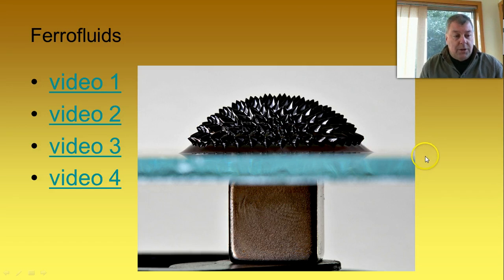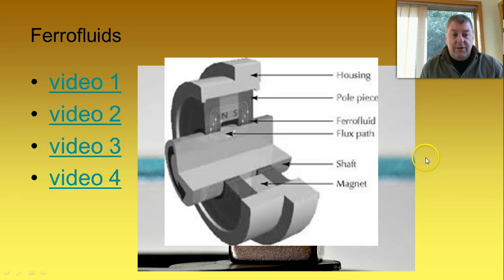And you might just think that's interesting, however it's actually found a practical use, and that's where they use magnets and a ferrofluid to actually seal casings between shafts, and also to lubricate that shaft.